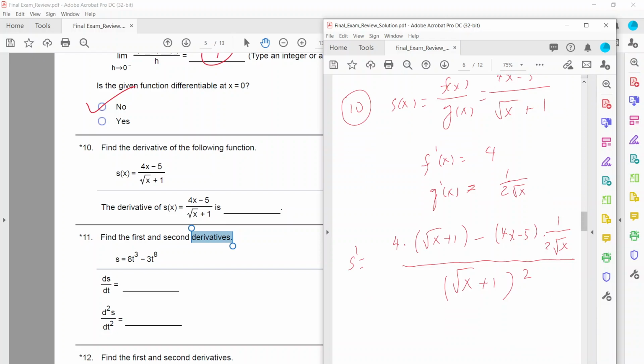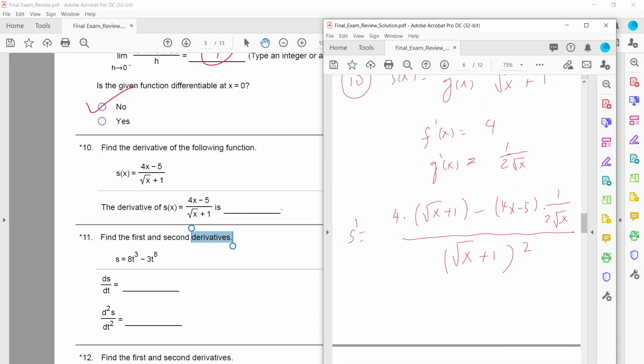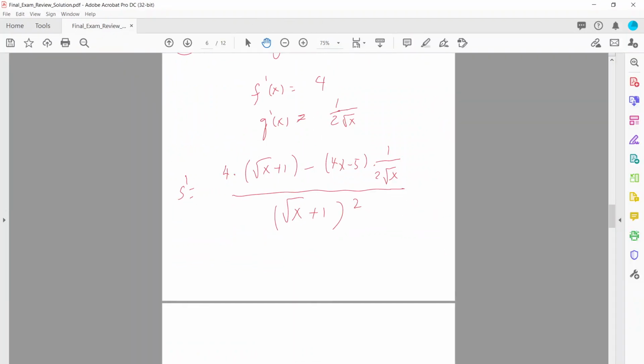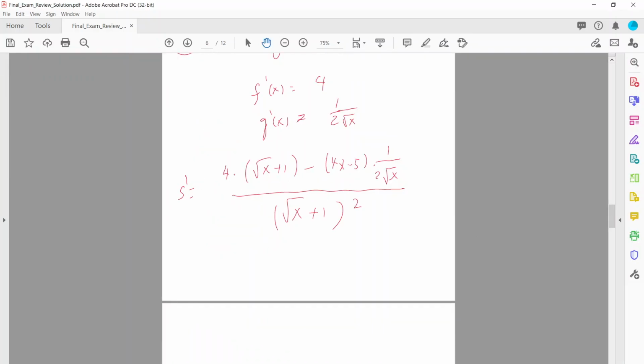So there is a square root of x on the bottom part, so you can make the same denominator to simplify this further. Because there is a 2 times square root of x on the bottom part, I can make it 2 times square root of x on the bottom by multiplying the top and bottom by 2 times the square root of x.